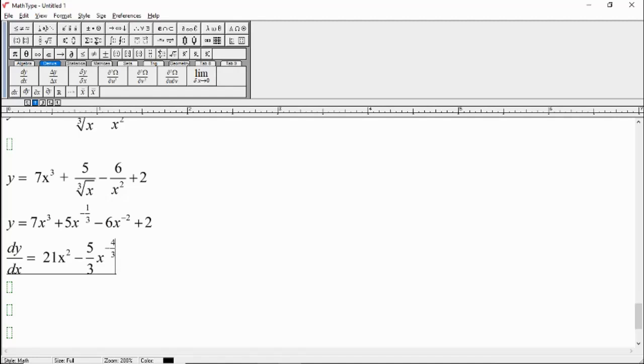Let's move on to the next term. Minus 6x to the power of minus 2. We multiply by the power first. So minus 6x multiplied by minus 2 will give you positive 12x. Then we subtract the power by 1.